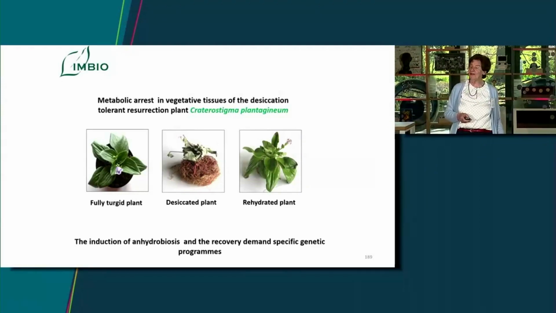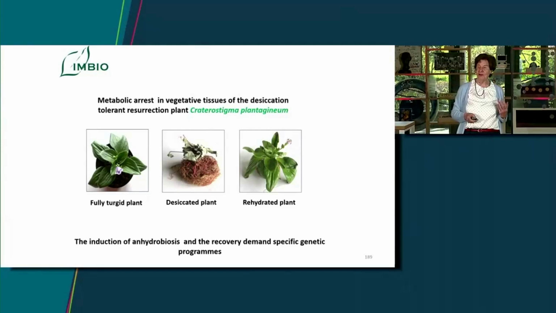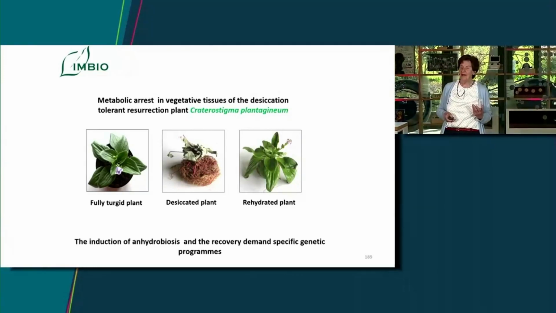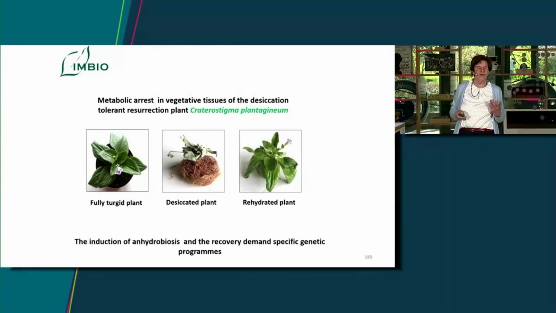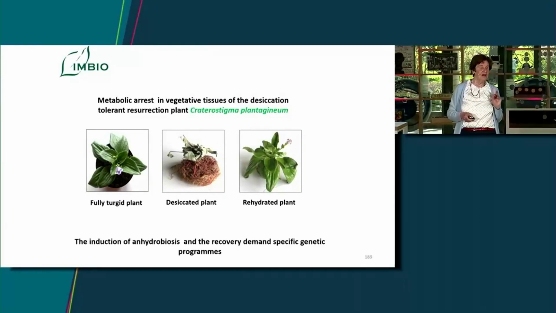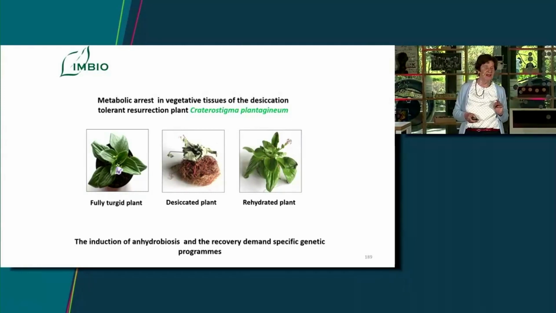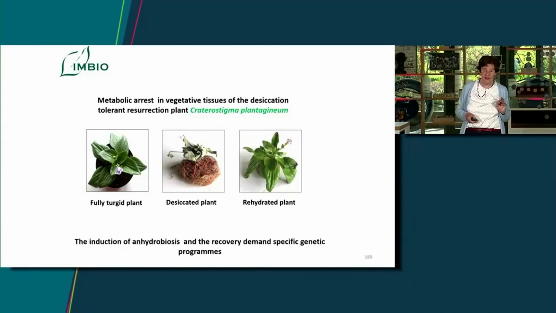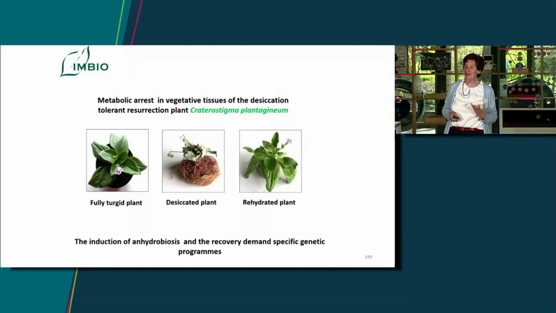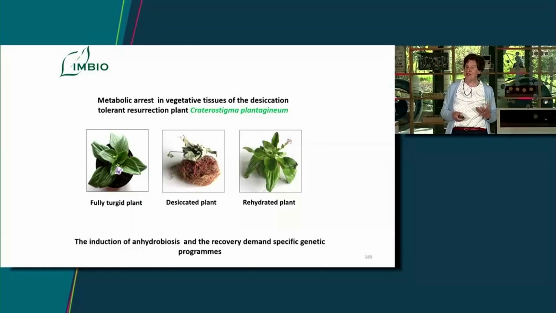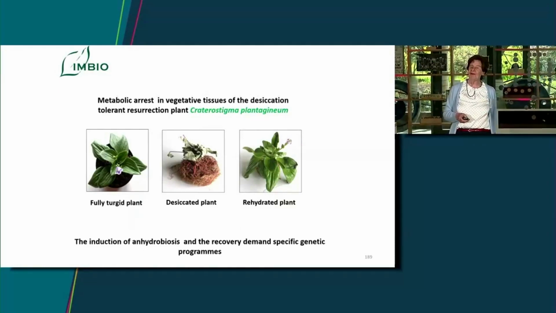And you see on the slide the plant in the three extreme physiological stages, going from left to right: in the fully physiological, well-hydrated stage, in the completely desiccated stage, which is far below 10% of water left in the tissue. And on the right, you see the recovery, and this picture is taken about 24 hours after adding water to the fully desiccated plant.